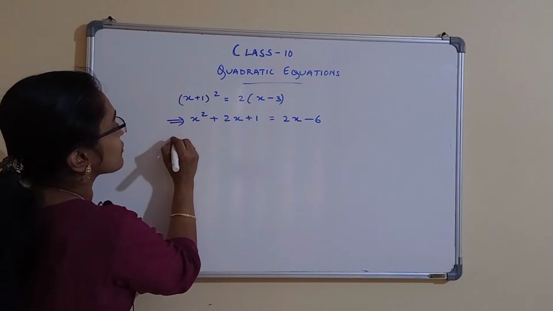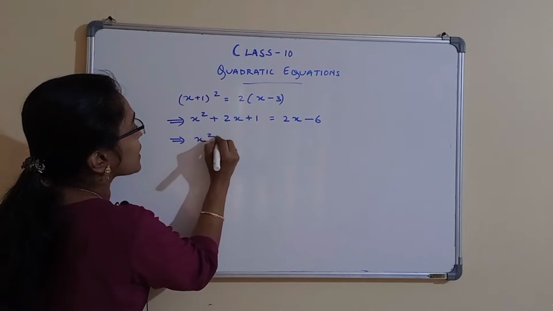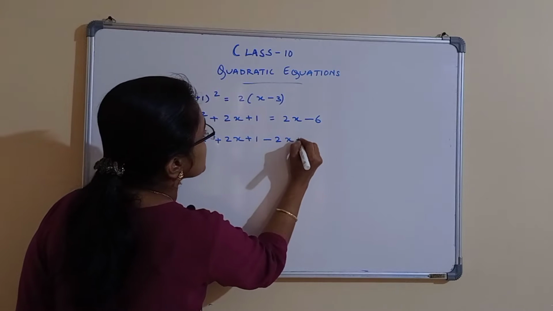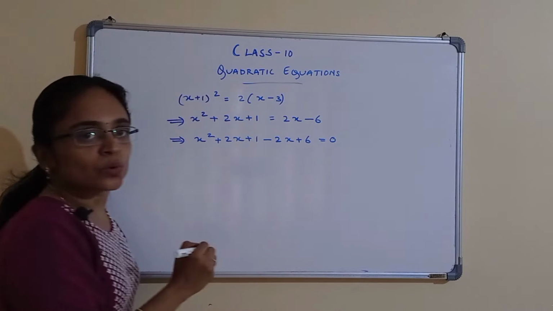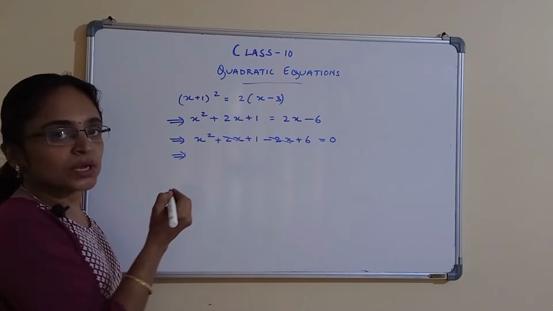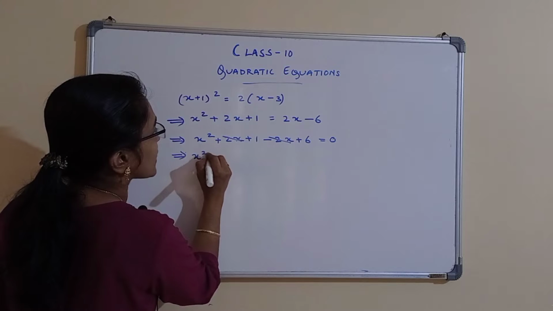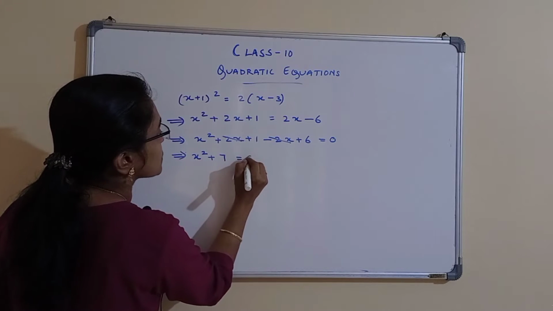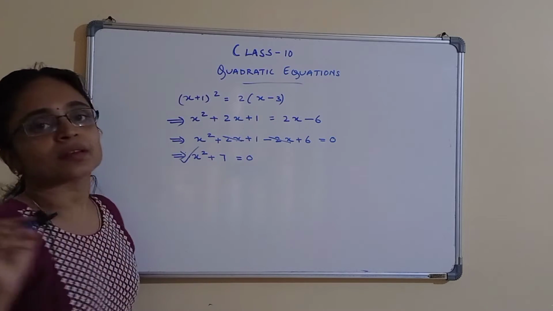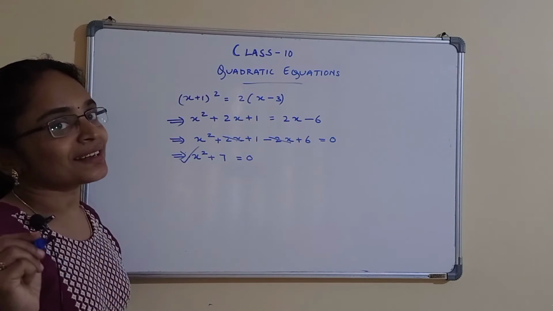Bringing this to the left hand side, we have x² + 2x + 1 − 2x + 6 = 0. So the 2x and −2x will get cancelled. So we have x² + 7 = 0. Is this a quadratic equation? Yes, we have an x² term. So this is a quadratic equation.